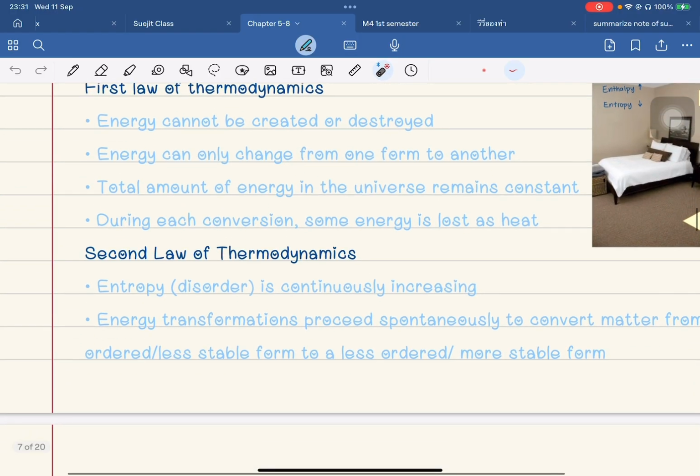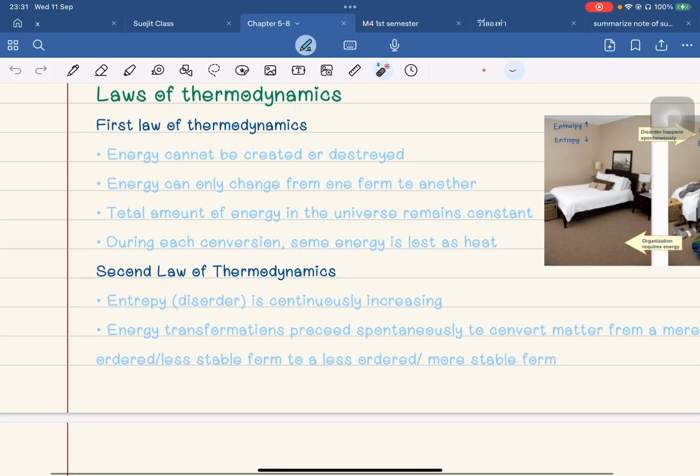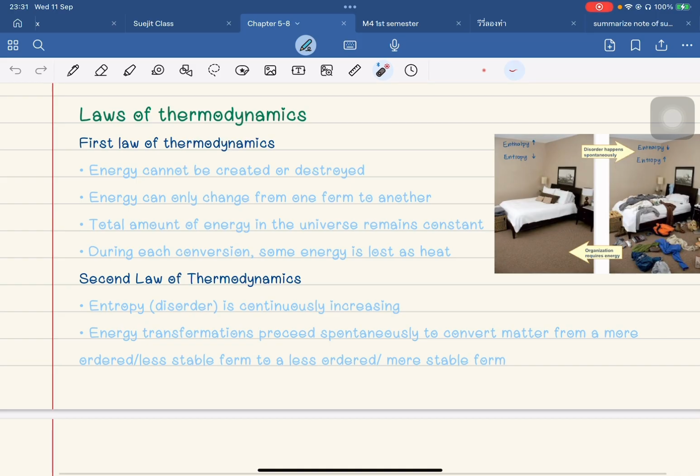The second law is that entropy, or disorder, continuously increases, not decreases, and energy transformations proceed spontaneously to convert matter from the more ordered, less stable form to the less ordered, more stable form.